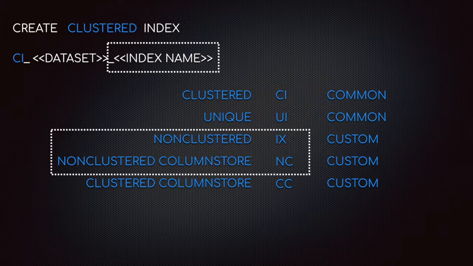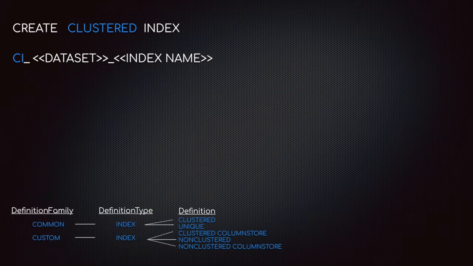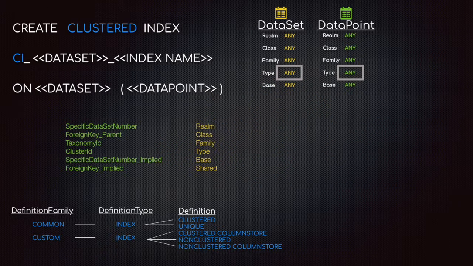And we're just going to focus on the common indexes in this video and in the next video. Essentially, we have declared our definition, clustered, unique, non-clustered, column store, etc., our type of index, and our family of common and custom. So that being said, let's continue to pull apart the syntax.